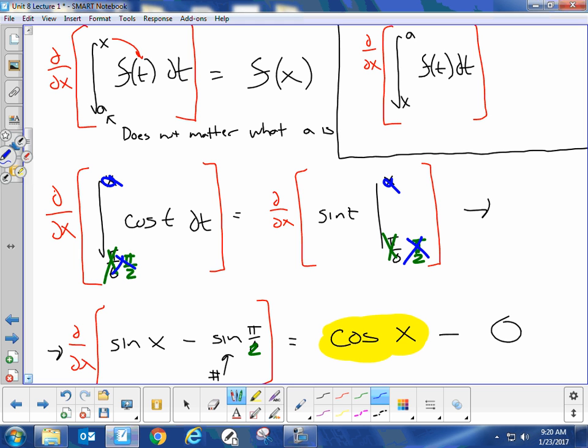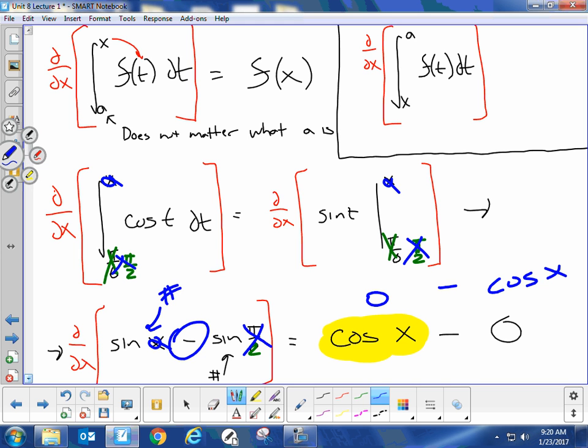Exactly. If I flip-flop things, all of a sudden my a value would be here. This would now be a number. The derivative would be 0. X would be here, but this is going to be after this minus sign. So all of a sudden, I'd have 0 minus cos x. So the opposite. It's almost like we don't make the x negative, but we take the opposite of whatever that f of x is.